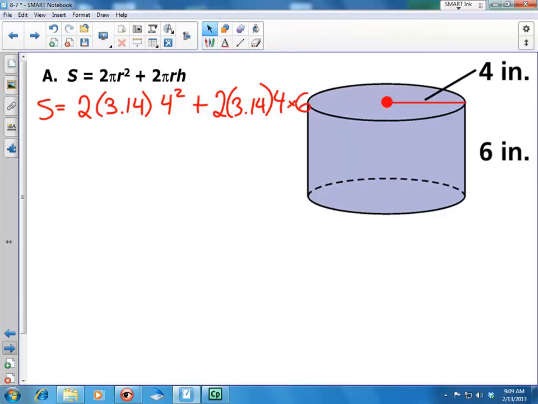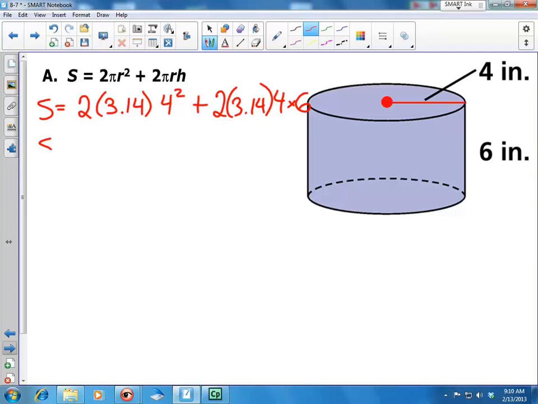Look, we just substituted all our values in there. Now we can solve it. That wasn't hard. Yeah, we'll probably let you use a calculator on this. Now, I'll also give you a hint. 2 times 3.14 is 6.28. Looks like to me you're probably going to be using that number a lot today. All right, keep that number close.